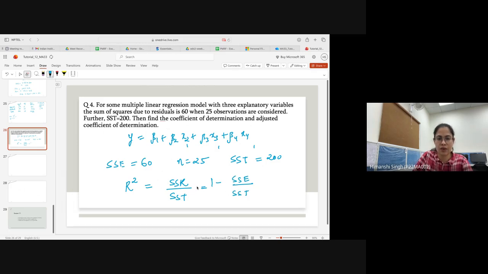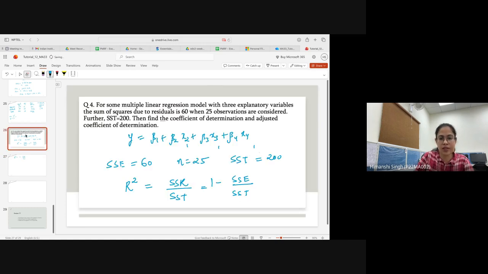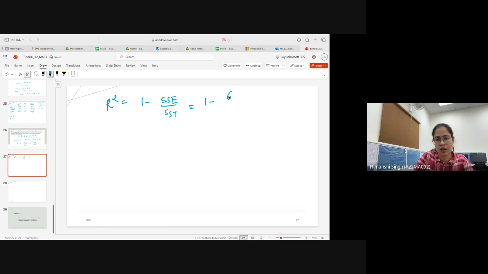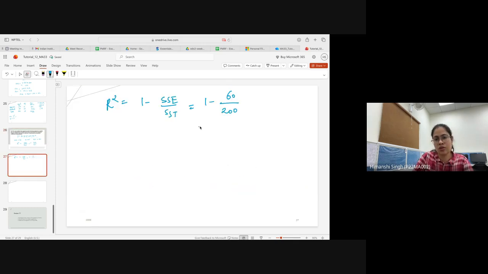R square is 1 minus SSE by SST, so 1 minus 60 divided by 200. This is 200 minus 60 divided by 200, so 140 by 200. This is 0.7. So this is the value of r square.